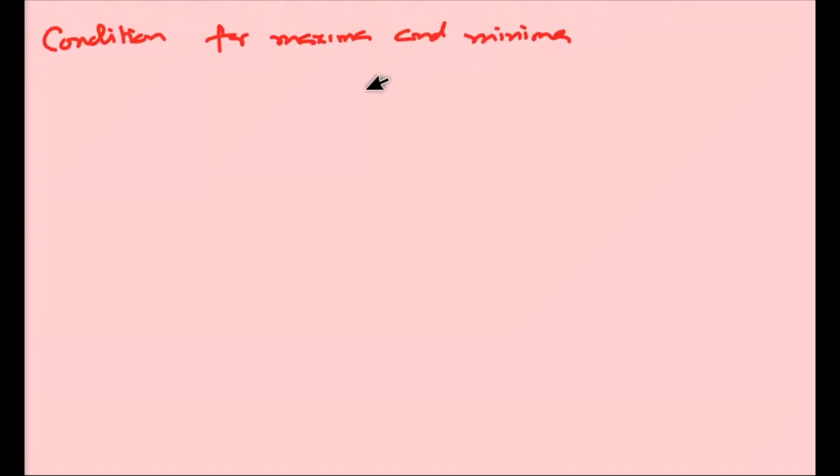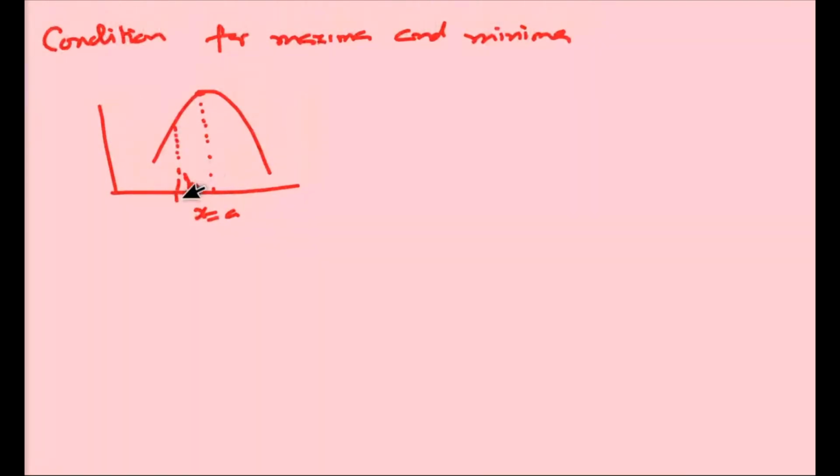Okay student, so condition for maxima and minima in this graph. Now see here, for this at x equal to a, we take a point slightly less than a on the left side.